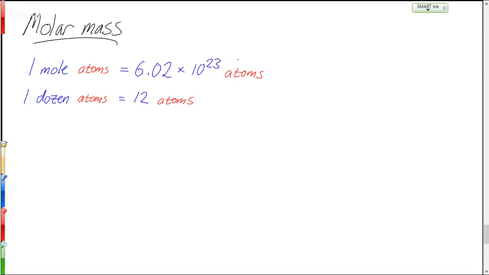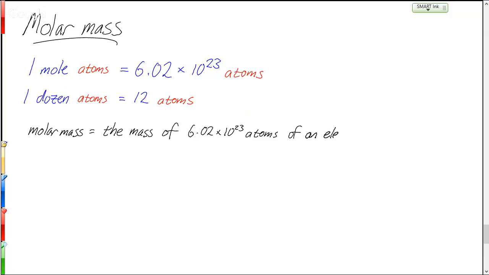So we define the molar mass as the mass of that many atoms in grams.